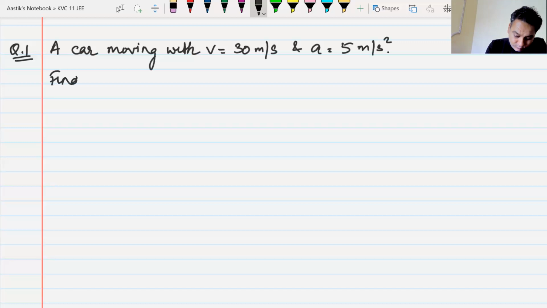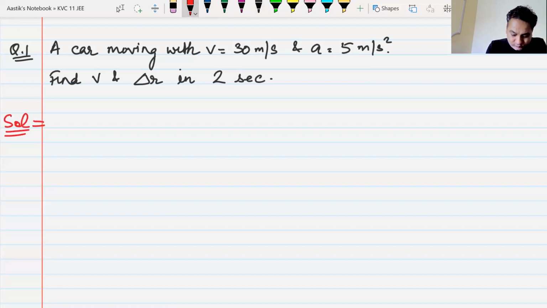Find the velocity and displacement in 2 seconds. Simple equation. It is not given in which direction the car is moving. You can assume that it is moving along plus x. Acceleration is also in the same direction, so it also becomes plus. And you can tell me your answers so that we can move ahead with the next set of questions.